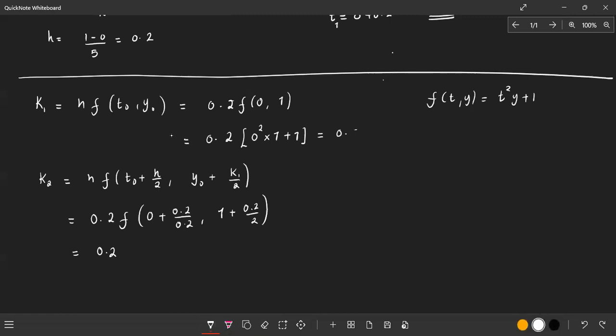Okay, so this will be 0.2 f of (0.1, 1.1). So we substitute this in our function. We're going to have 0.2 times, so our t is equal to 0.1, so 0.1 squared times our y, which is 1.1, plus 1.